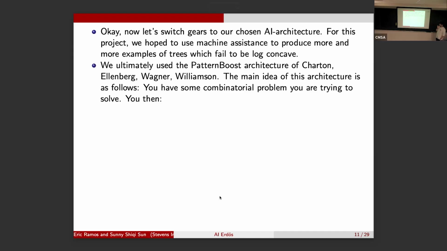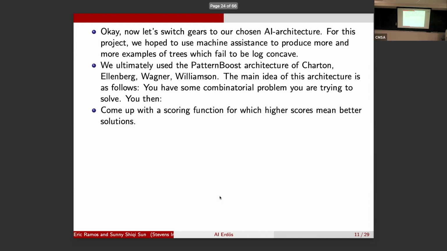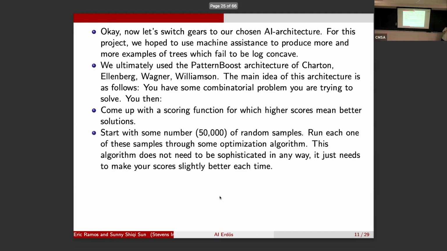The main idea of this architecture, which has been brought up already, is as follows. You start with some combinatorial problem that you're trying to solve. You then come up with a scoring function for which higher scores mean better solutions. Start with some number, for us about 50,000, of random samples. Run each one of these samples through some optimization algorithm.